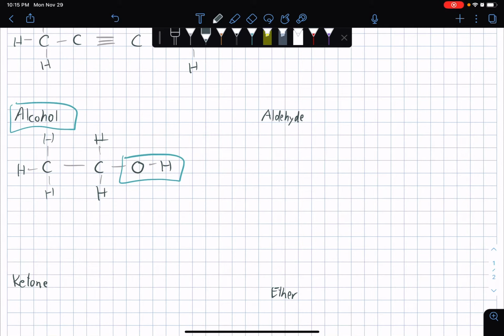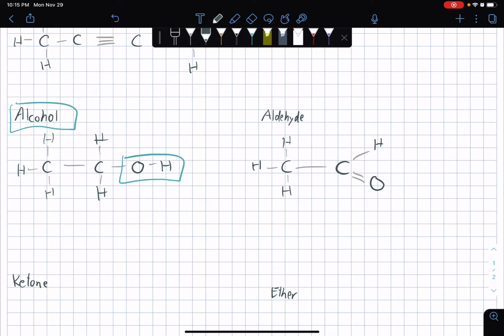Now, for aldehyde, we still have 2 carbons, just like alcohol, because alcohol is closely related to aldehyde, apart from one difference, which is oxidation. They still have hydrogen at the very left of the left carbon, but this time we have a difference.